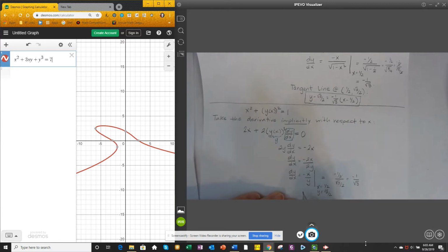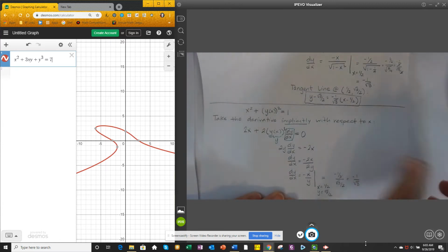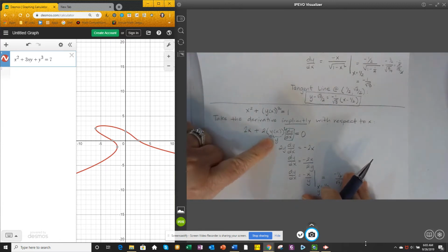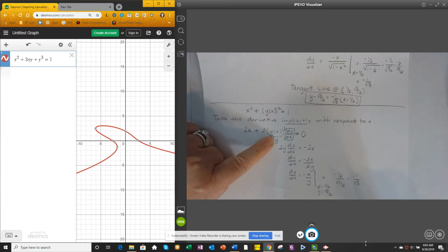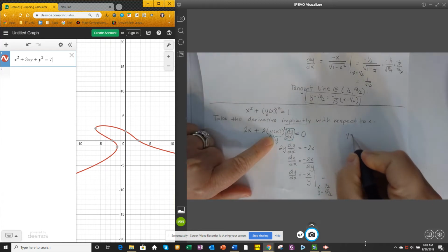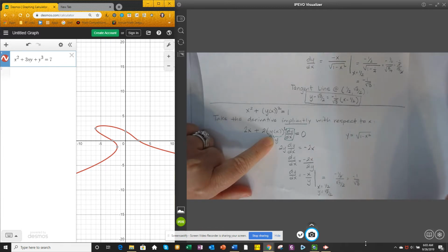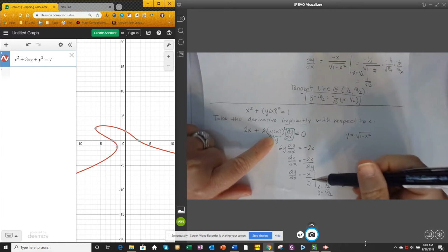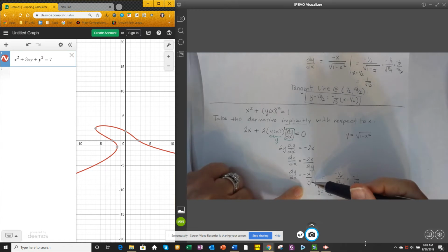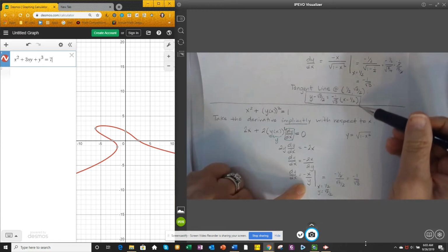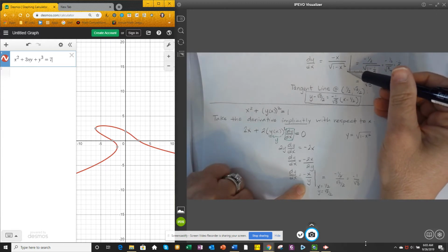Now, what's really wild is, remember, I said that this y of x was a placeholder for the function of y. We didn't know what it was. But what was y? We said y was the square root of 1 minus x squared up here. And if you look at my derivative here, negative x over y, and then you roll your eyes up here and you see the derivative that we had using the chain rule, what do you notice?